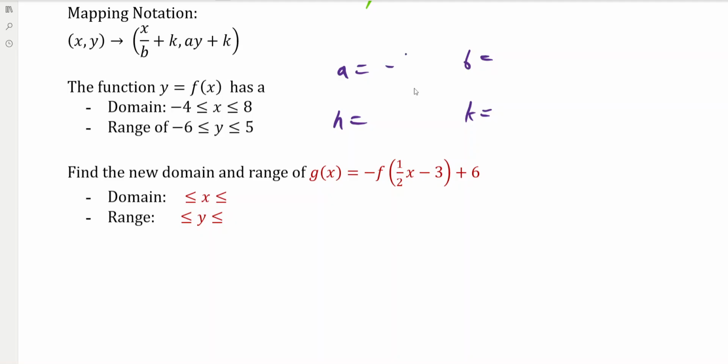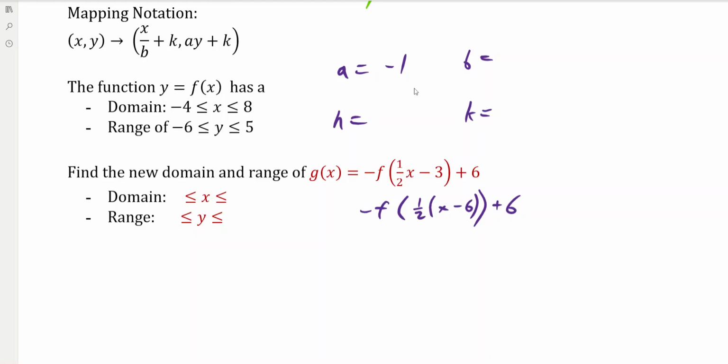The A value is -1 from right here. The B value is 1/2, but we have to take it out to be a little bit more careful. So we're going to have to take out that 1/2. And so what that means is we're going to have to actually go to a 6 here, plus 6.